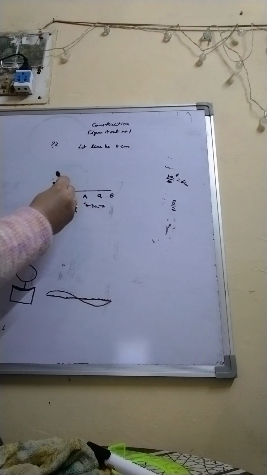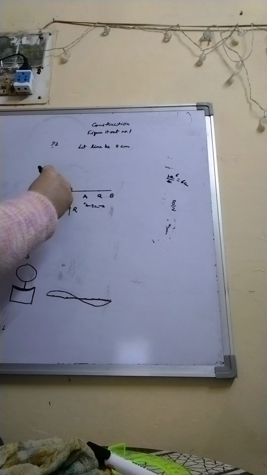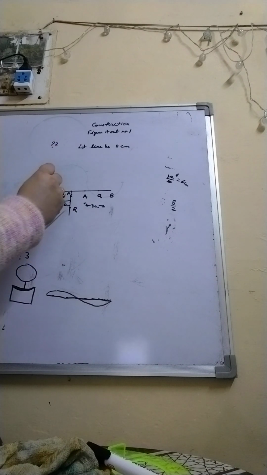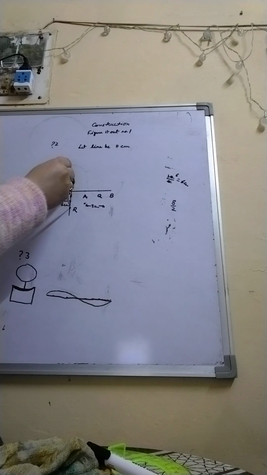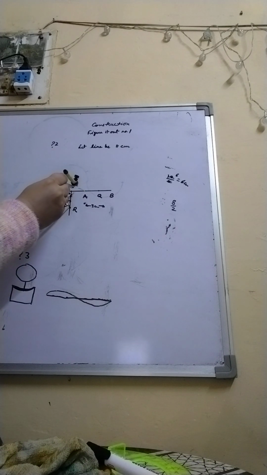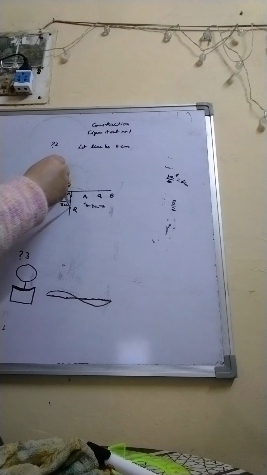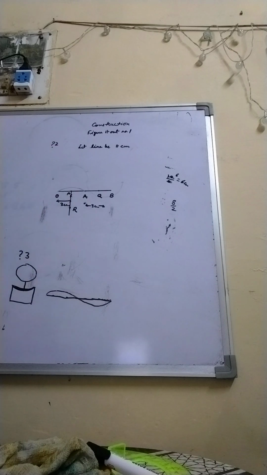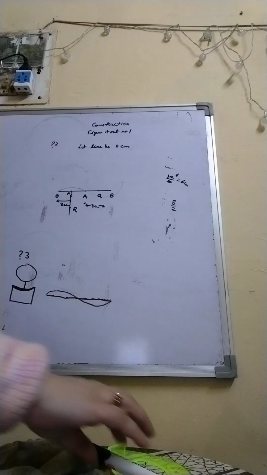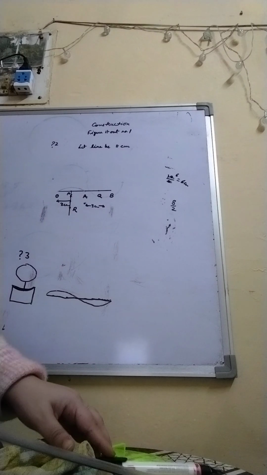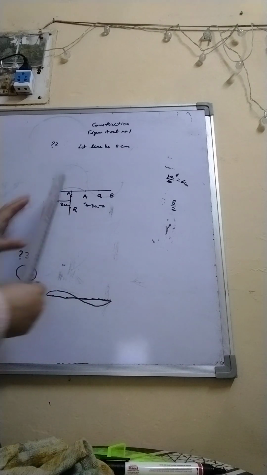And now I will open the compass equal to OR. So starting from O, I would go till R and draw the arc. So like this you will get the arc. Now I will measure where R I have taken.